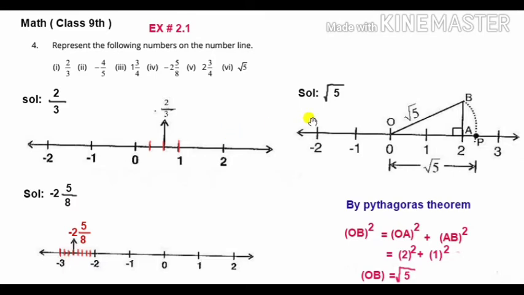How to represent the irrational number on the number line? First, draw a line. Mark the center point as 0. Positive integers are represented right to 0 and negative integers are represented left to 0.